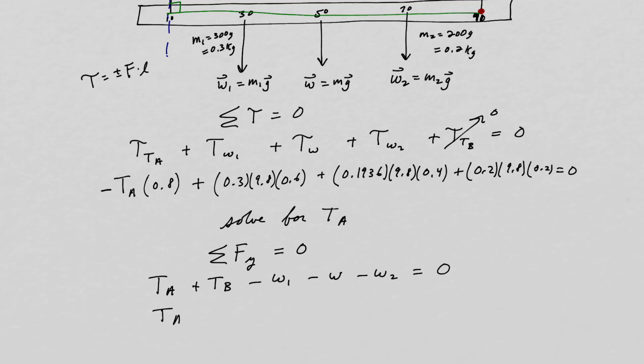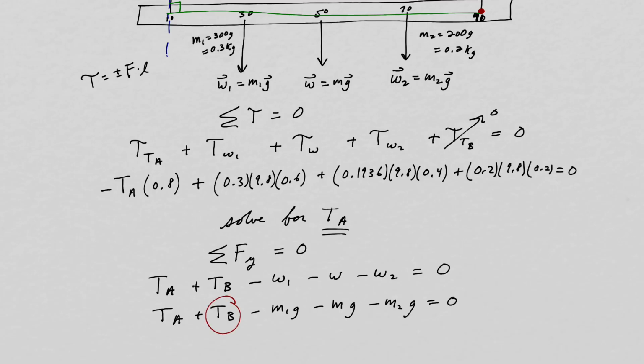Right? And remember, these weights are just the mass times g. And we know TA, right? We just calculated TA here from above using torques. So the only unknown is TB, and you can solve this for TB now.